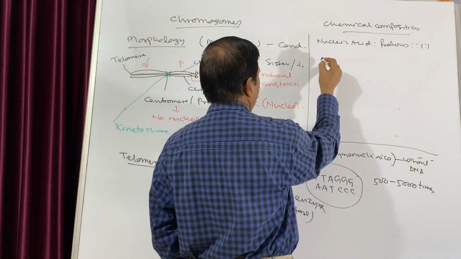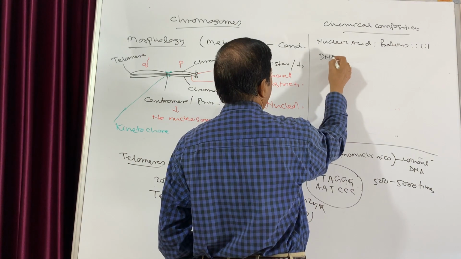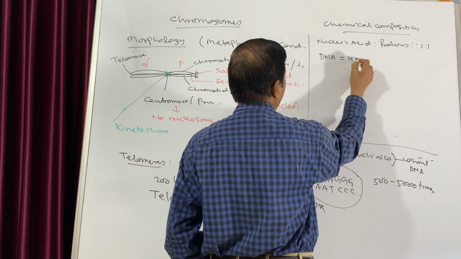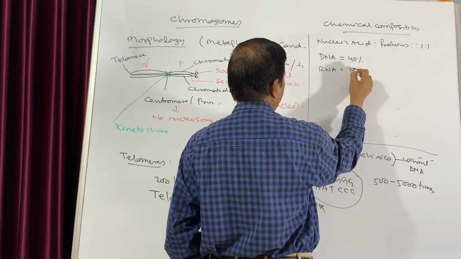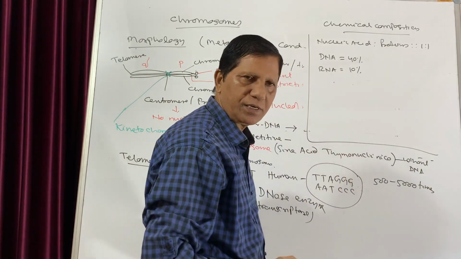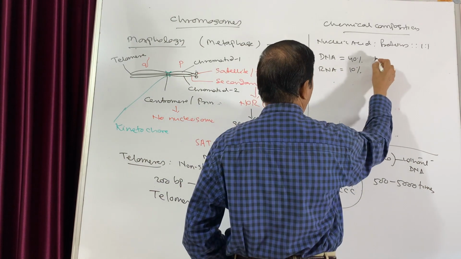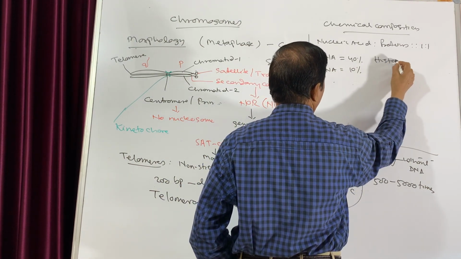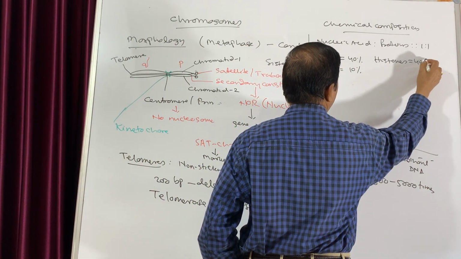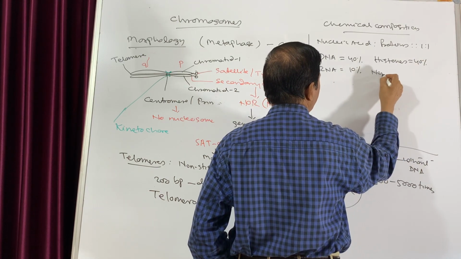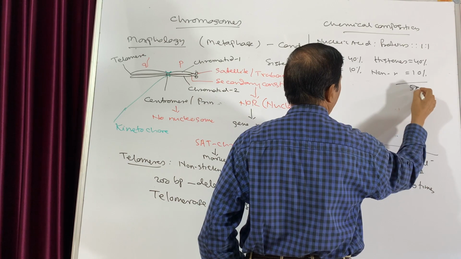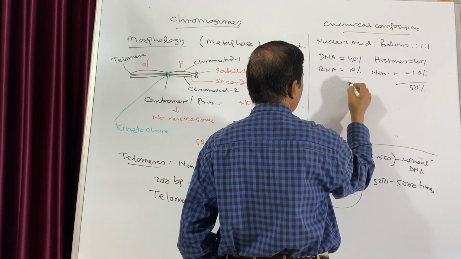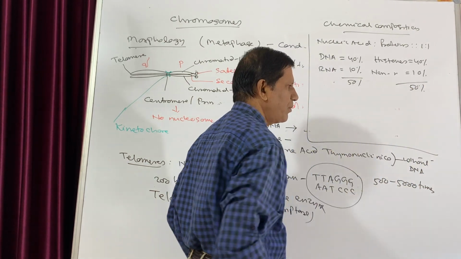DNA is around 40% and RNA is 10%, that means 50%. Similarly, histones are 40% and non-histones are 10%. That means these are 50% and these are also 50%, almost in the ratio of 1:1.